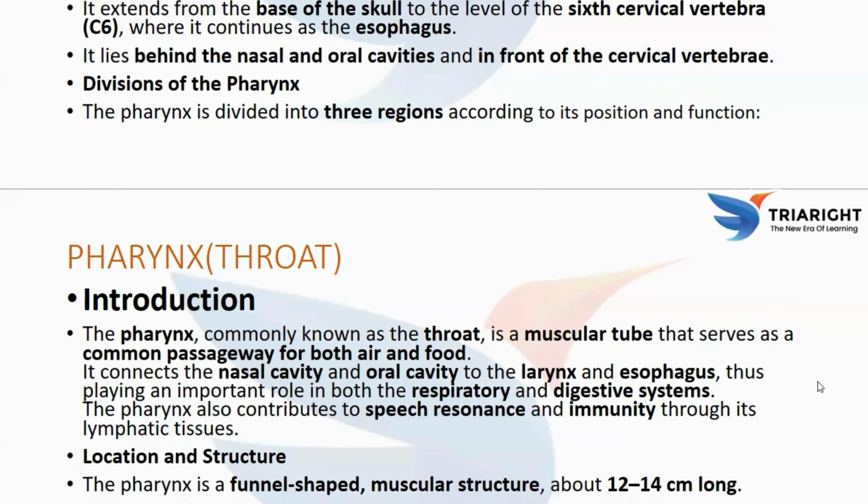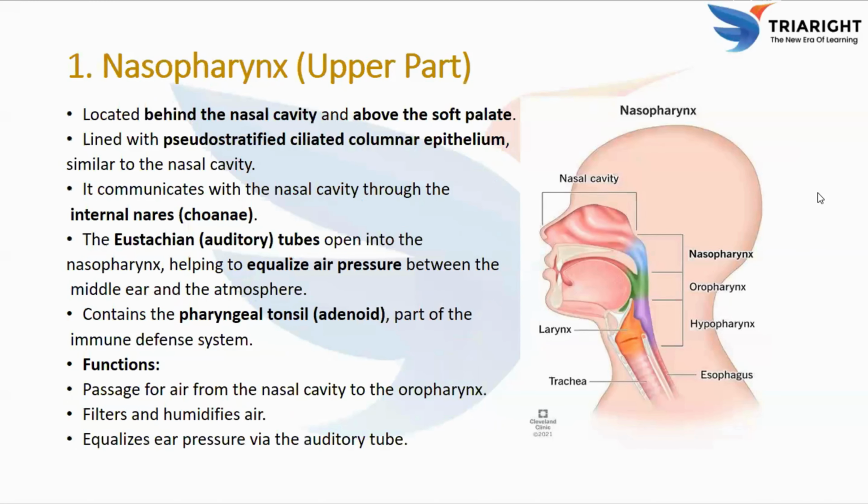So what is the structure and location of the pharynx? Here you can see the picture of the pharynx. Pharynx is a funnel shaped muscular tube and it is about 12 to 14 centimeters long. It starts at the base of the skull, so this is the skull, right? It starts at the base of the skull and goes down to the sixth cervical vertebra, where it continues to the esophagus.